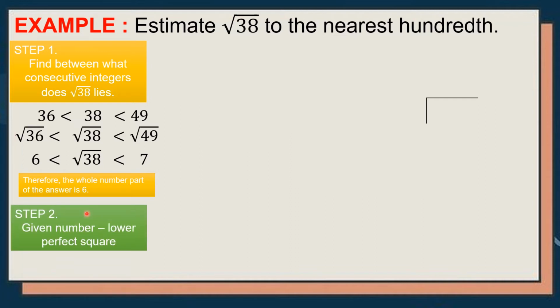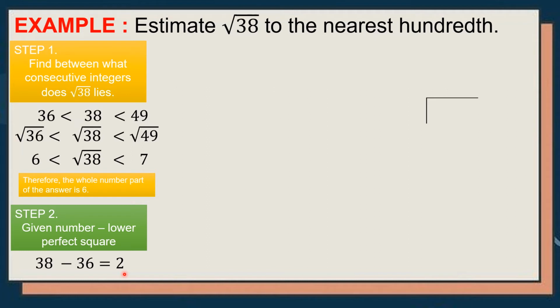Okay, for step number 2, we have to get the difference of the given number and the lower perfect square. So we subtract the lower perfect square, which is 36, from the given number, which is 38. Therefore, 38 minus 36 will give us 2.